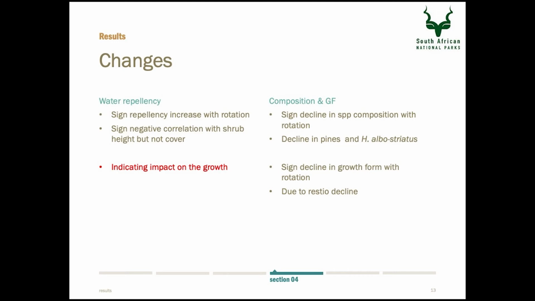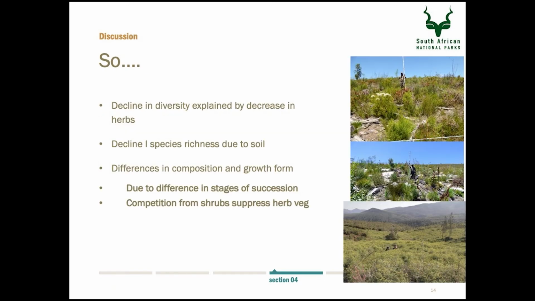That means probably they were removed before the younger sites came along. And if you look at growth form, it also declined, and the cause of the decline was restios not being in the older sites, but that could be just due to competition with the shrubs that were coming along.